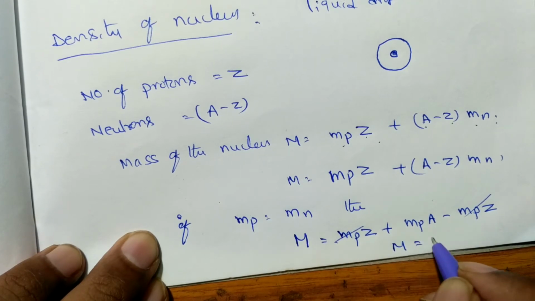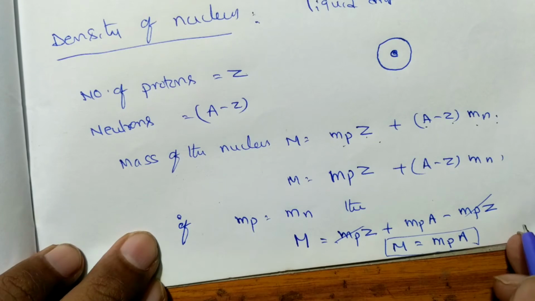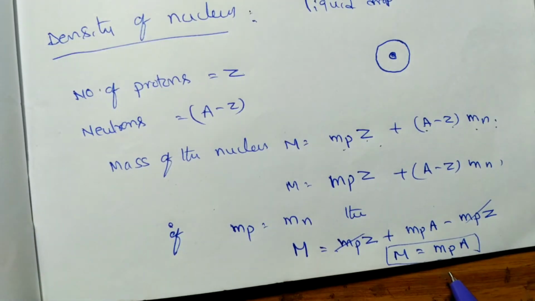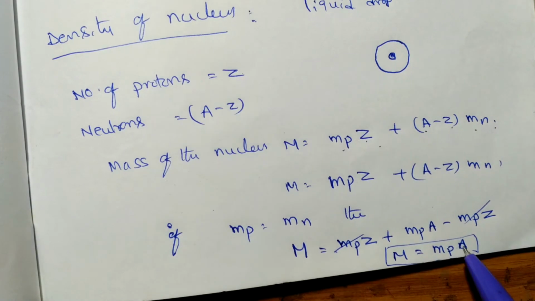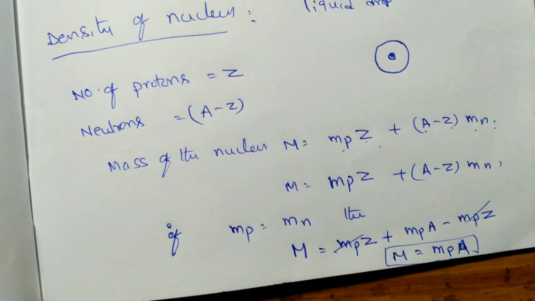Then m is equal to mp into A. Then the mass of the nucleus is equal to mp, mass of the proton, into A. A means all the protons and neutrons.